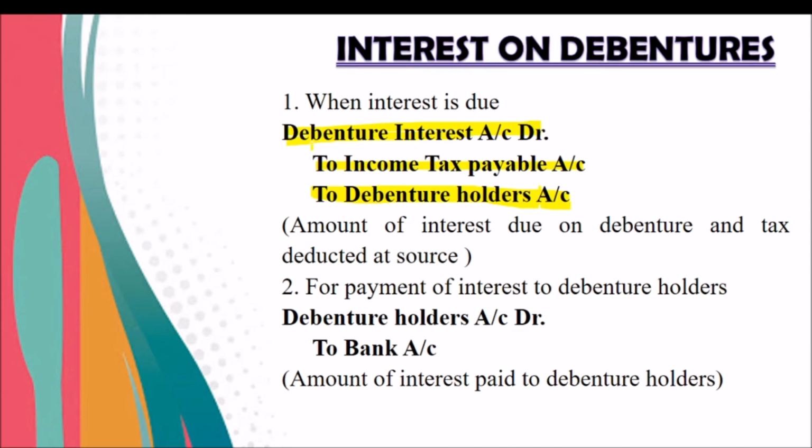And the entry for the payment of interest to debenture holders, that is the entry for due. Interest due entry will be debenture interest account to income tax payable to debenture holders account. When the debenture holders are getting the amount from the company, entry will be debenture holders account to bank.